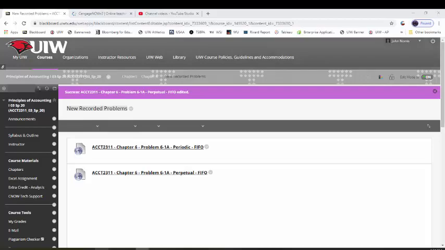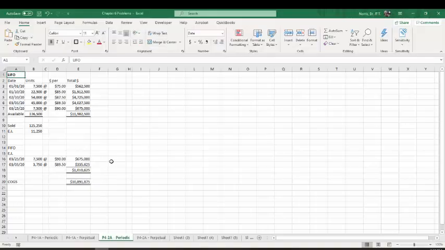And so for that, here is the data set from the first problem, and I'll take that out and show you under LIFO.